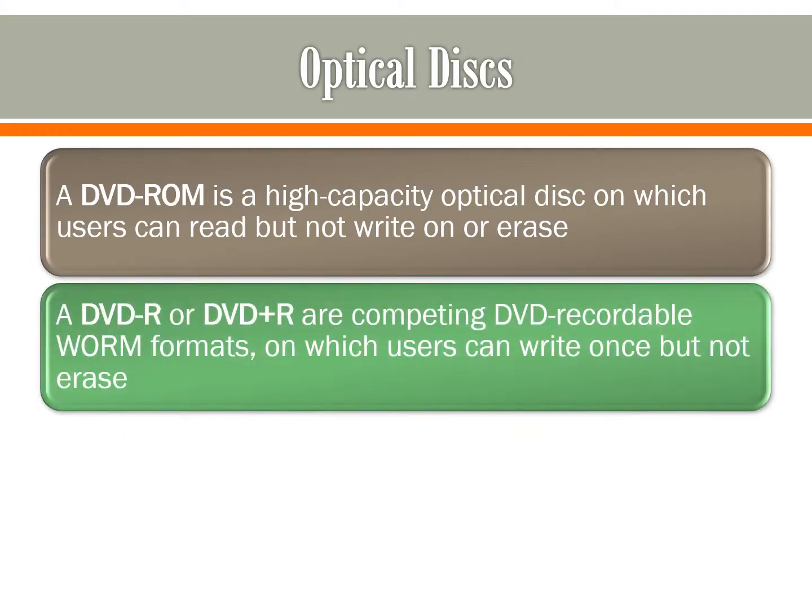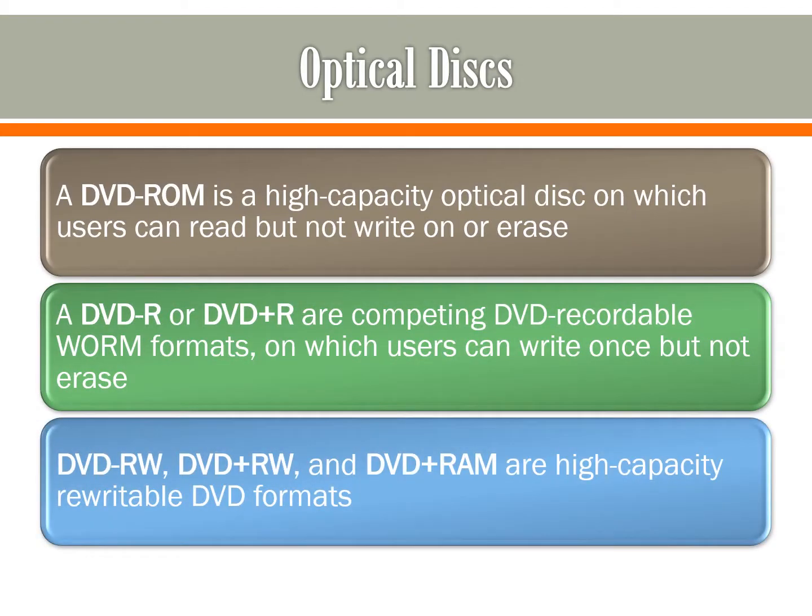Okay, the next type of optical disc, as we have seen just now, we have CD. So the next type is DVD: DVD-ROM, DVD-R, DVD-RW, or DVD-RAM. DVD compared to CD has a higher capacity. What does it mean by higher capacity?